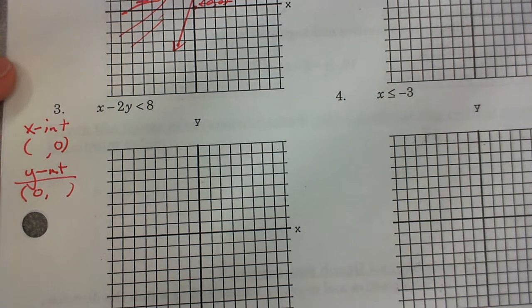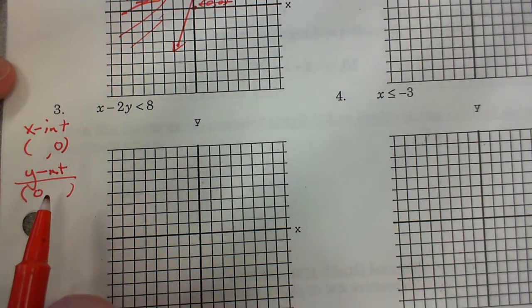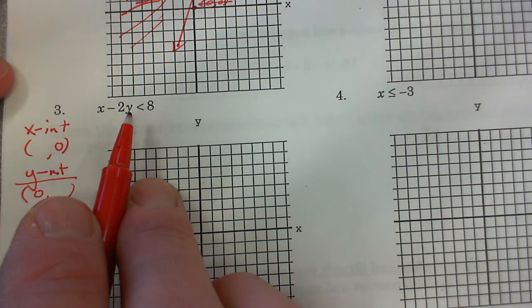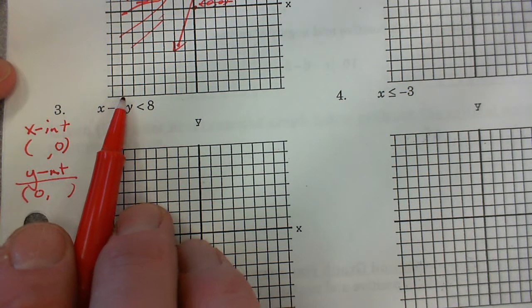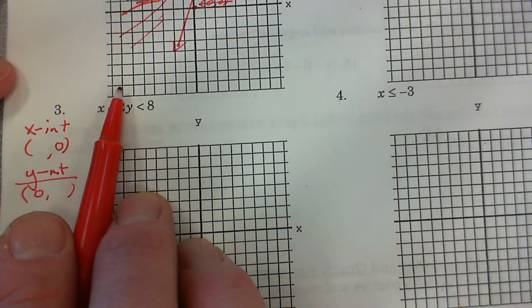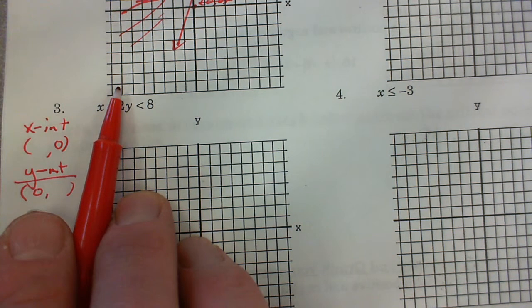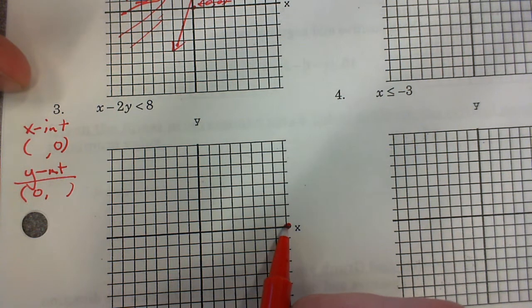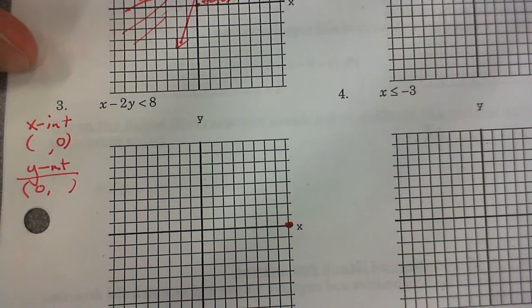And then it's just a matter of finding out what those values are. So for the x-intercept, if we plug in 0 for y, then this is gone. 2 times 0 just disappears, because 0 is nothing, so we get x is 8. So we're going to go to x is 8. This is an 8 by 8 grid, so we're going to hit x over here at 8.